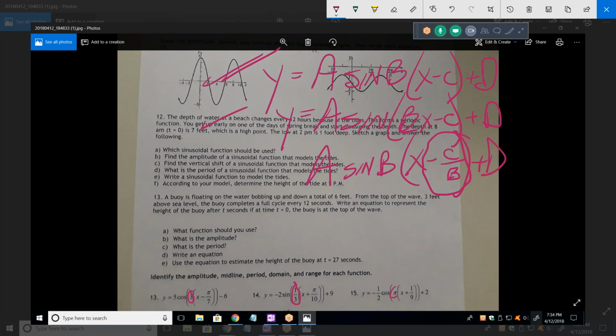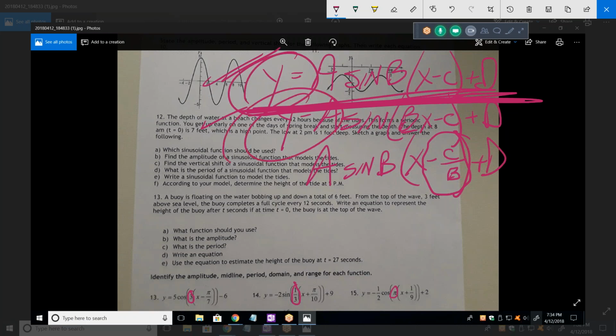That pi is outside the inside parentheses. So I'm inclined to think we're using this format all the time. And like I said, it doesn't really matter for you in these problems because they haven't introduced phase shift yet. If you're not talking about phase shift, then that is the same as that.